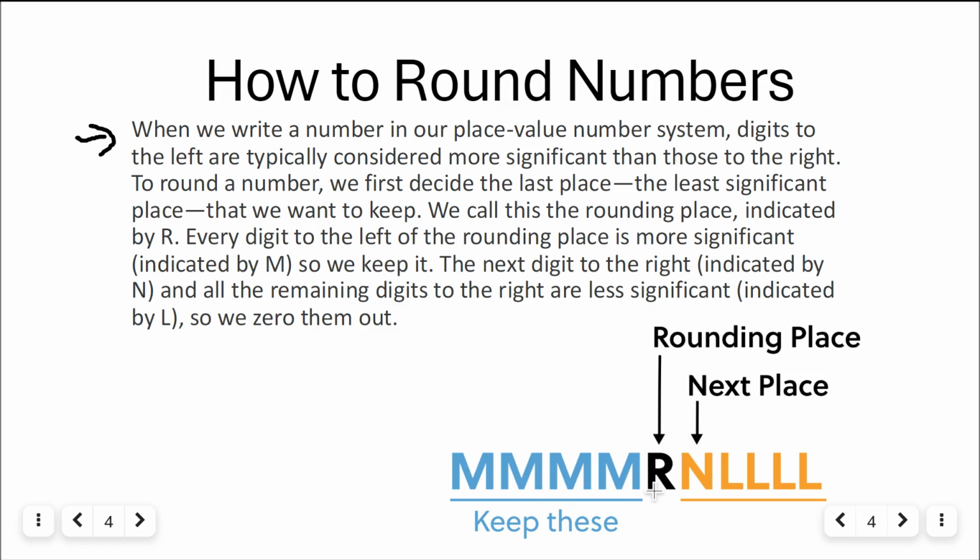So this is the number we're going to keep. Keep these before the rounding place. This is the number that potentially could change. And then we use that next place right after it to the right to decide how to round this place. Now, if you remember, if this number is less than 5, we keep this number the same. If this number is 5 or more, we round this number up to the next number.